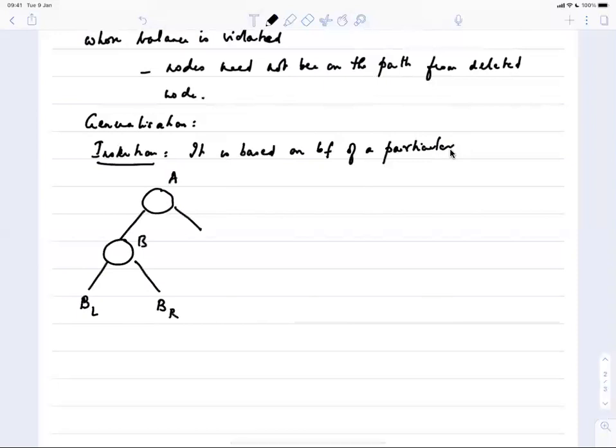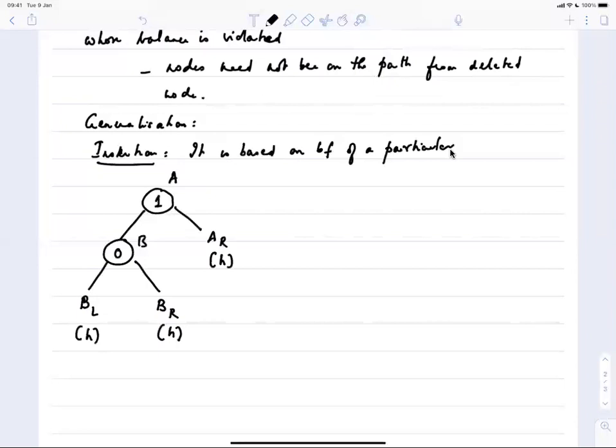And similarly, the node A also has a right subtree. Now, let's say the balance factor at this node is 1. Balance factor at node B is 0. This one has a height of h, this has a height of h, this also has a height of h.